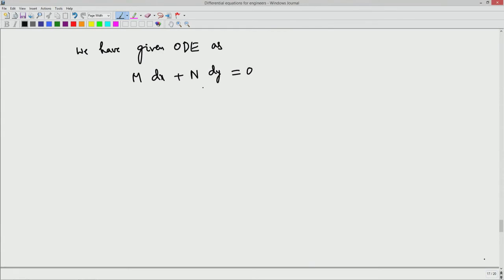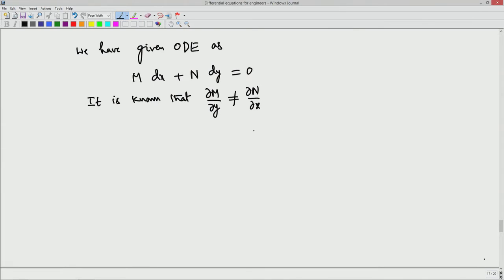It is not exact, that means the condition is not satisfied. Let us say you verified that ∂M/∂y is not equal to ∂N/∂x. Such an equation you have got. So how do we make this equation an exact equation?